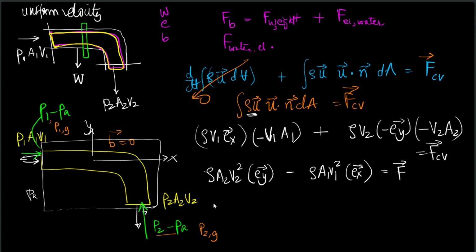So the force in the x direction will be equal to P1 gauge times the area of cross section 1, because whatever the influence of atmosphere is, if there is some atmospheric pressure pushing this area in this direction, you can take the same area over here and that is pushing it in the other direction.